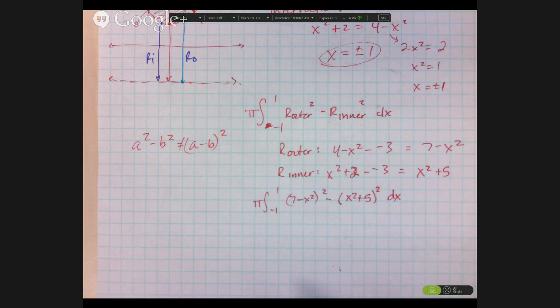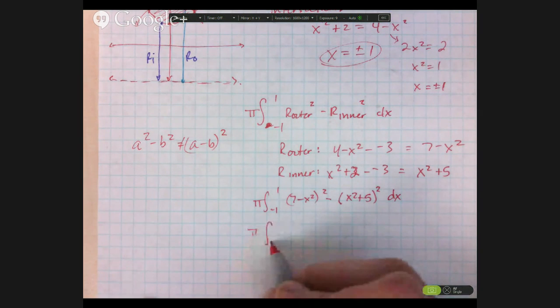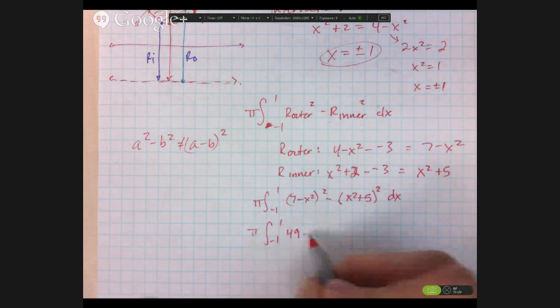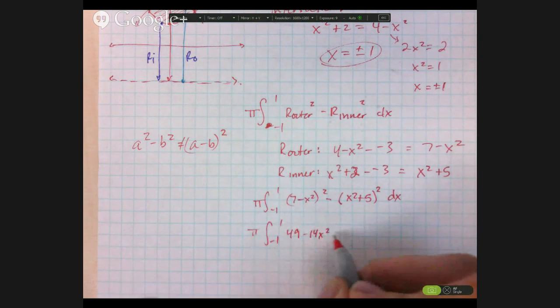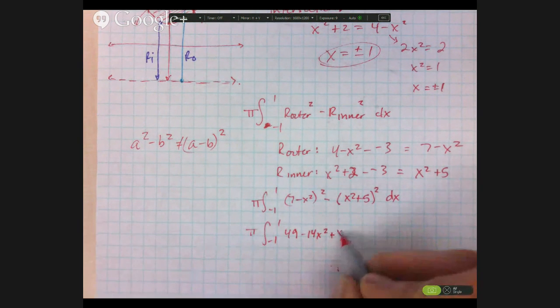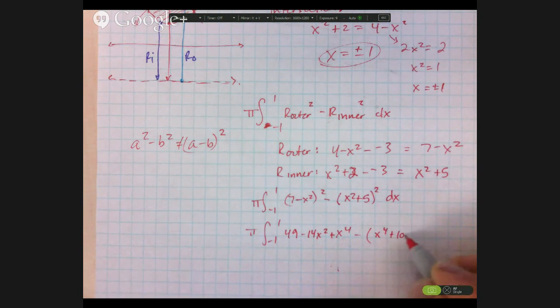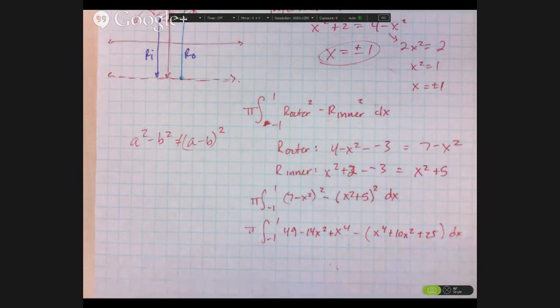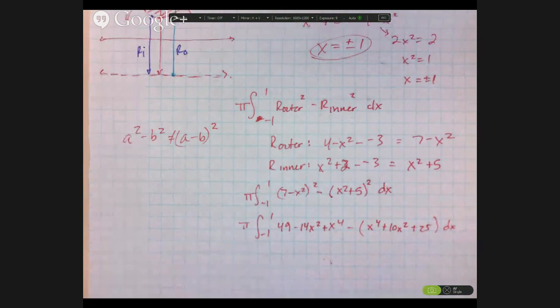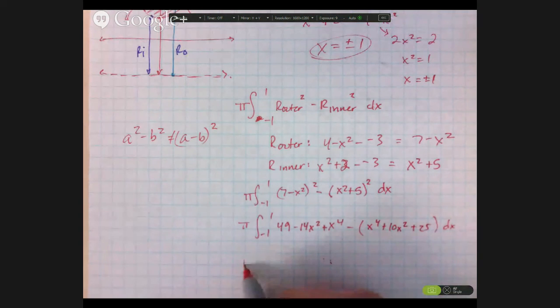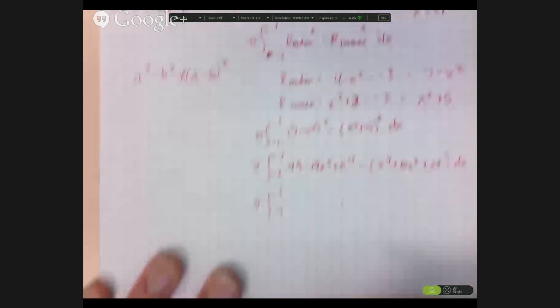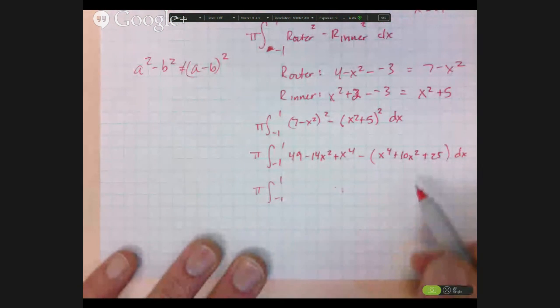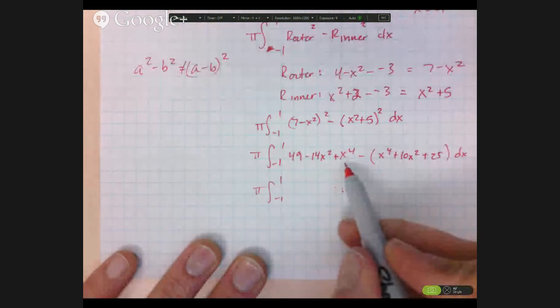Then 49 minus 25. Let's go with the fourths there.